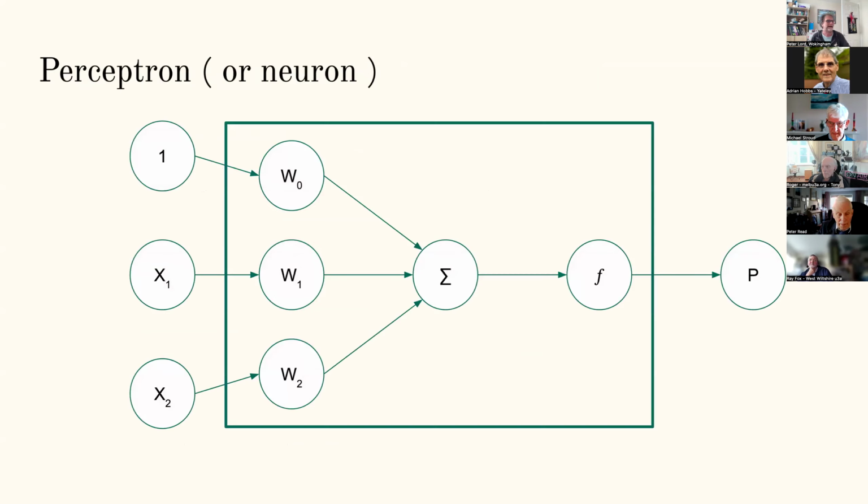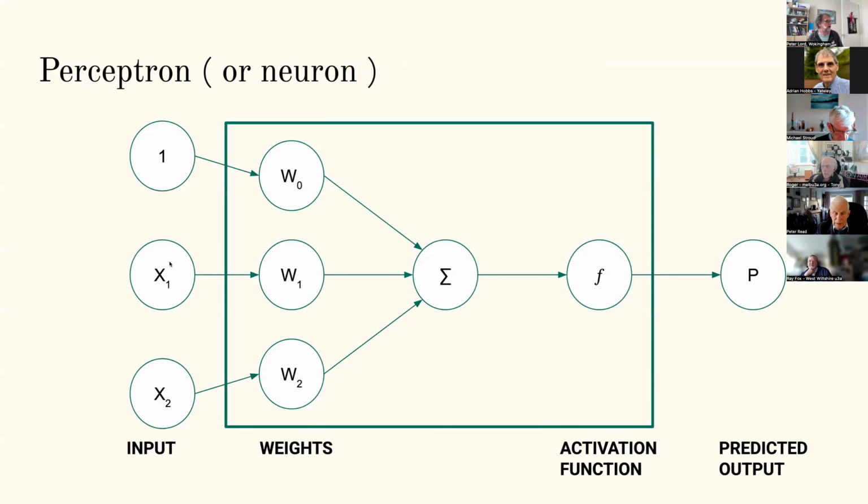So this is what a single neuron looks like. Now this was invented in the 50s and is still the basic building block of how all these advanced artificial intelligence systems you see today work. So understanding this building block is a bit like understanding what a brick is in a wall. Anyway, so this is what a neuron looks like.